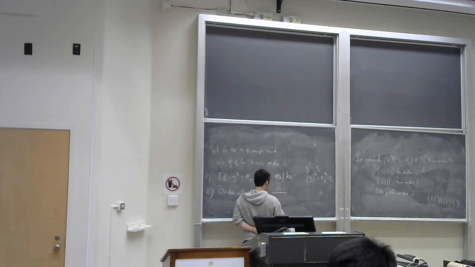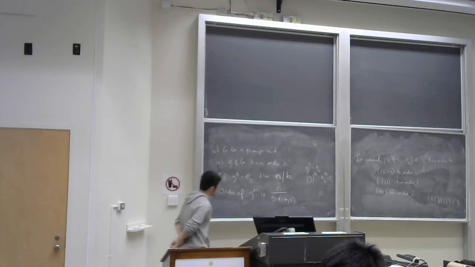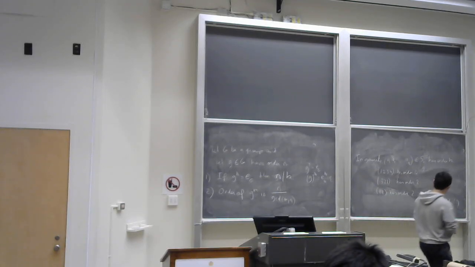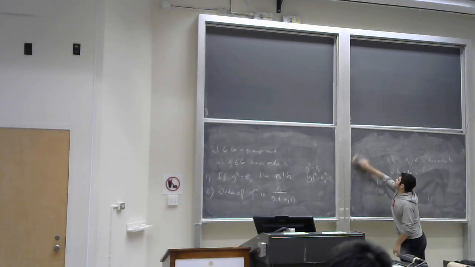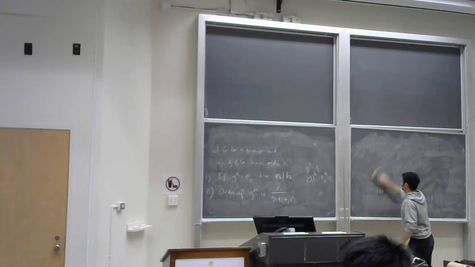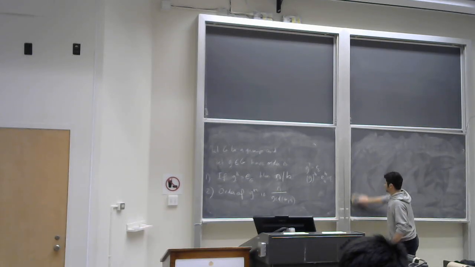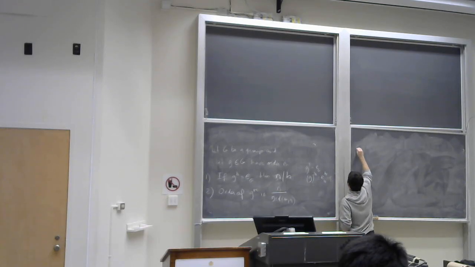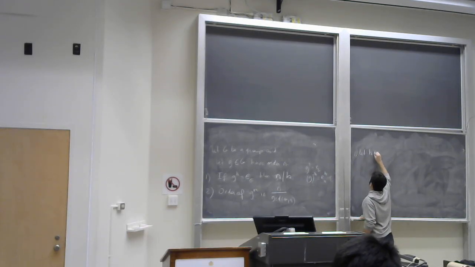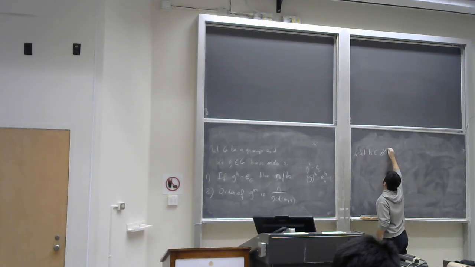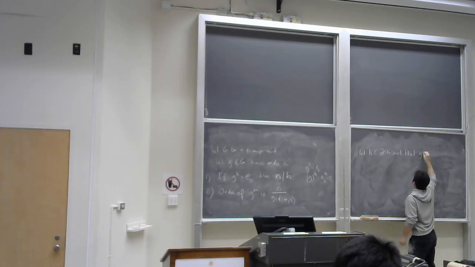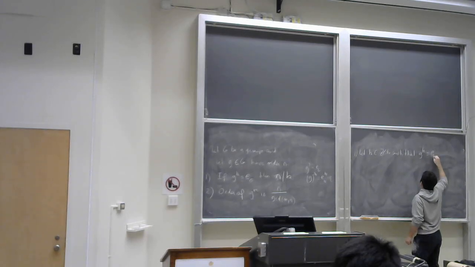Is n over GCD(n, m). Yeah, I think that's good. Okay. Let's prove these two facts. Let k be in Z be such that g to the k is equal to the identity.